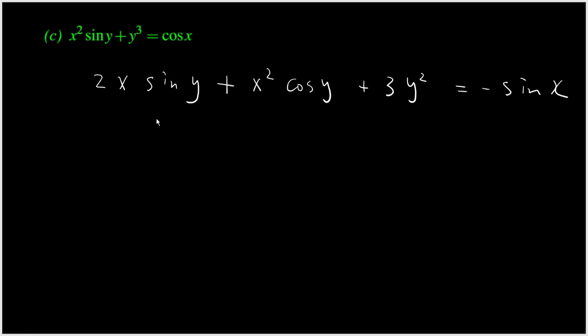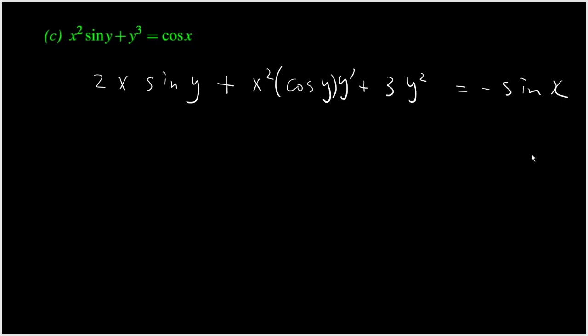I'm trying to make the question simpler for you to answer. Yeah, the second term and the third term on the left hand side. I did not include a y prime here, which is a big mistake.